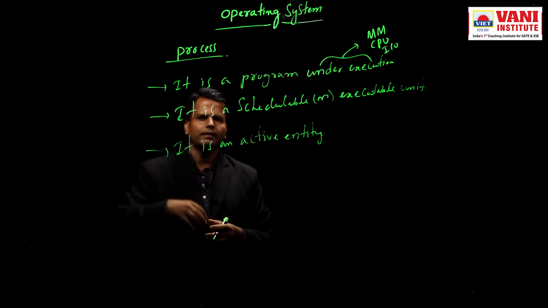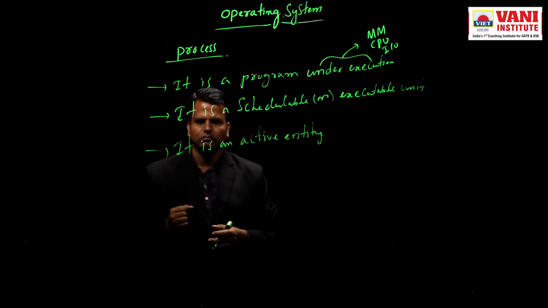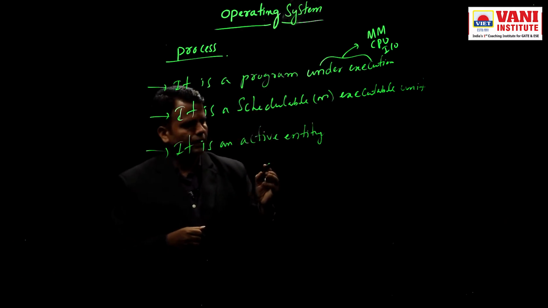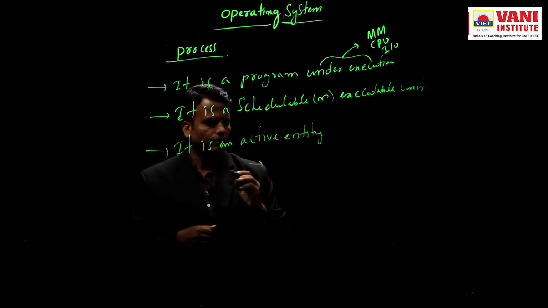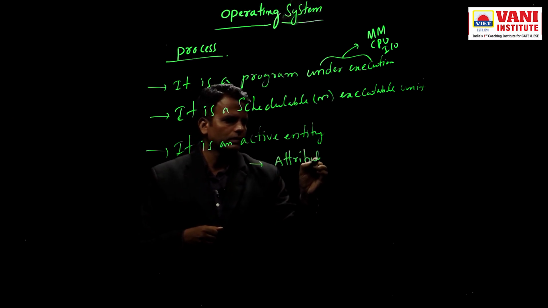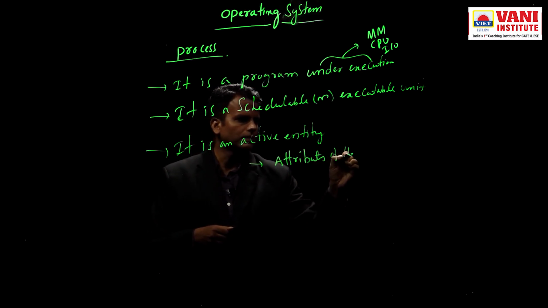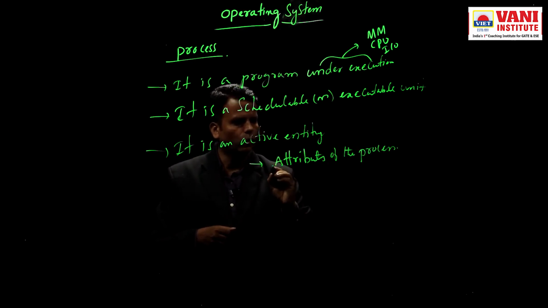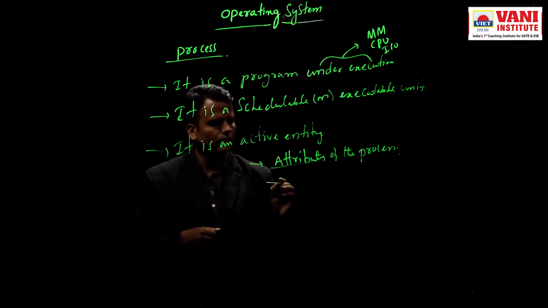Now, as I said that a process is like a person, a human being, it has some attributes also. Attributes of the process. Next topic. What are the attributes of the process?